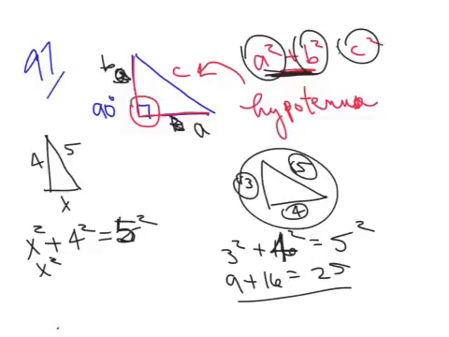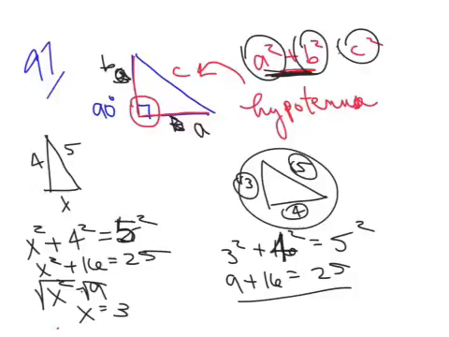So x squared plus 16 equals 25. x squared equals 9. So x equals 3, because we take the square root of both sides. And we don't get plus or minus 3 like in the last lesson, because we're looking at a length. Lengths are always positive, so you will never get a negative length. So there's the x I was looking for.